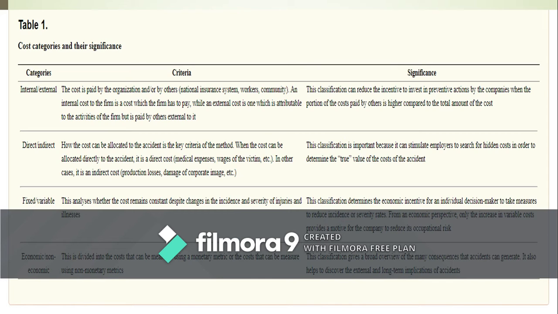The loss of a life can be a social cost too, but it is non-economic. We cannot convert it into monetary terms. This is one way of classification. So cost can be classified into internal and external, direct or indirect, fixed or variable. This is how the cost of an accident can be found.